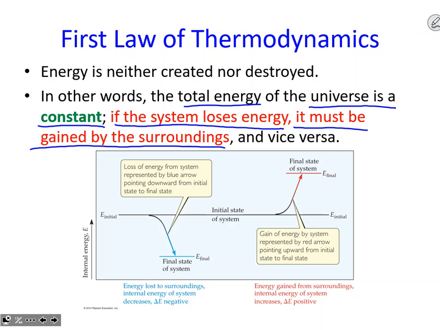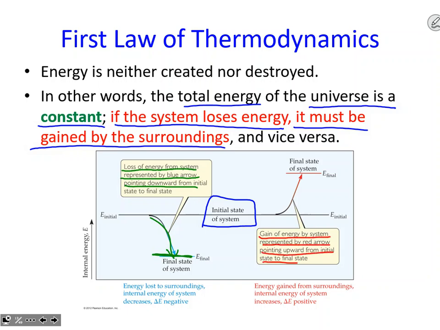This graph here looks very complicated, although it's really not. This is the initial state of the system. If the system is losing energy, represented by the blue arrow downward to its final state, the system lost energy. Then over here, this one shows the gain of energy by the system, represented by the arrows pointing upward to its final state.